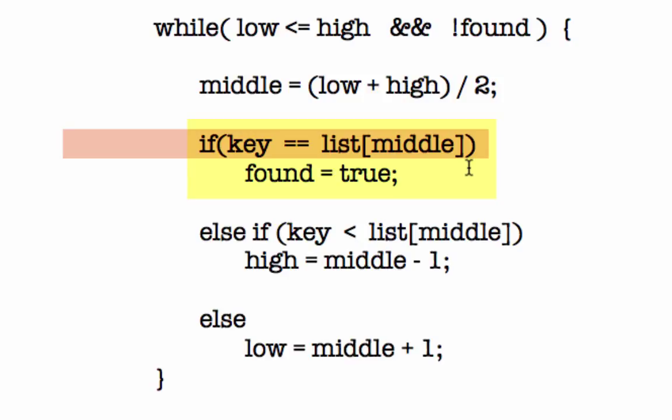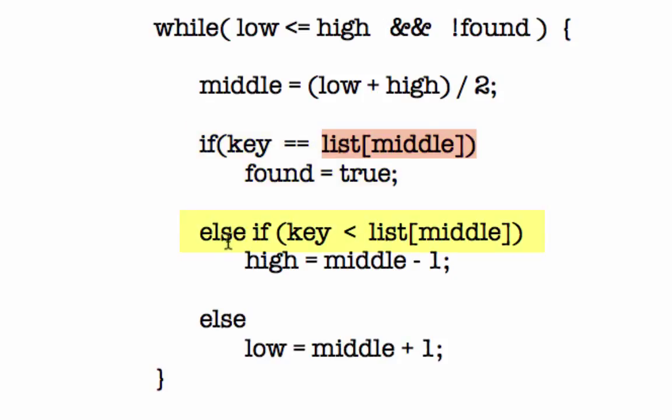Remember, this array is sorted. So in the case of integers, the integer values are in order. Let's assume increasing order. If the middle element doesn't have the integer that I'm looking for, now I have to decide which of the two halves in my array of integers is likely to contain it. Could be the first half, meaning values which are less than the value in the middle.